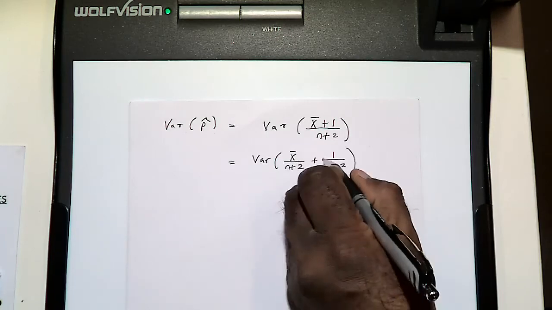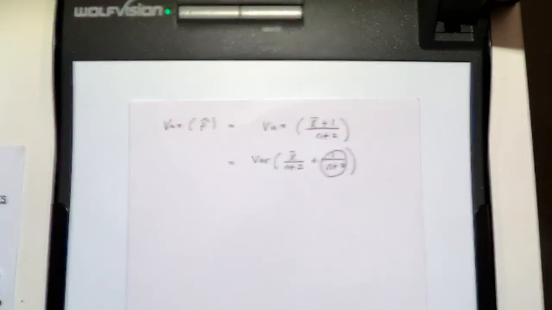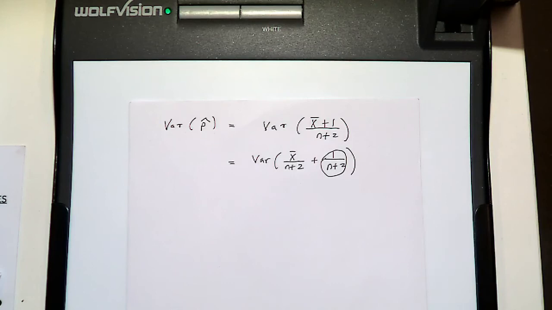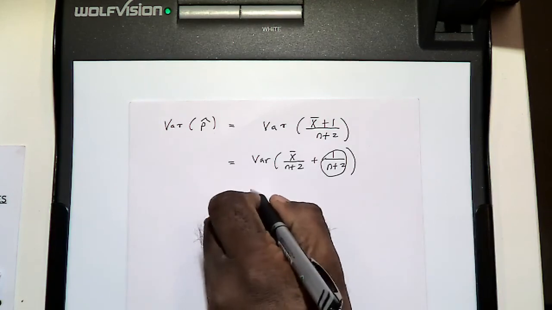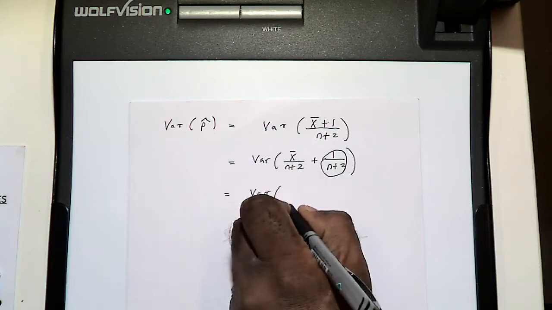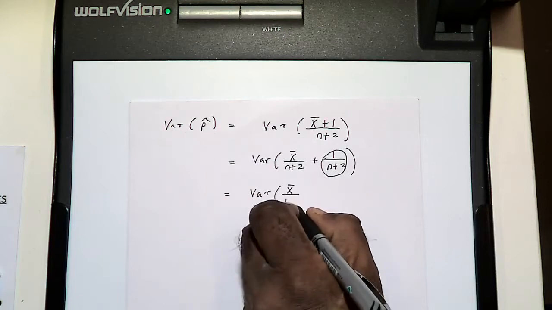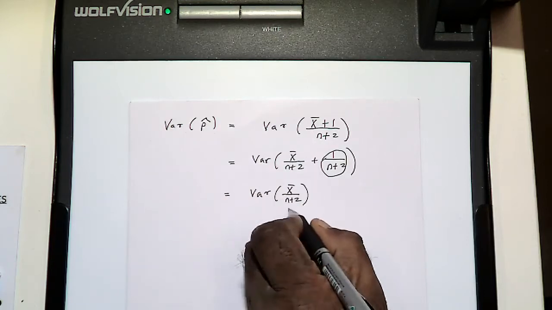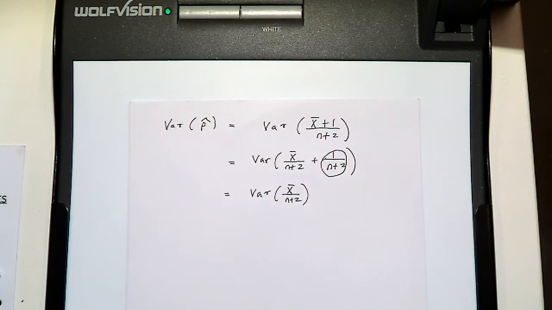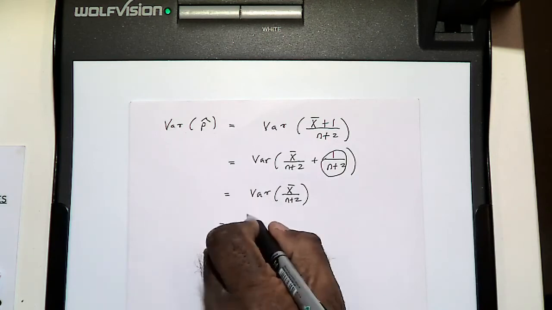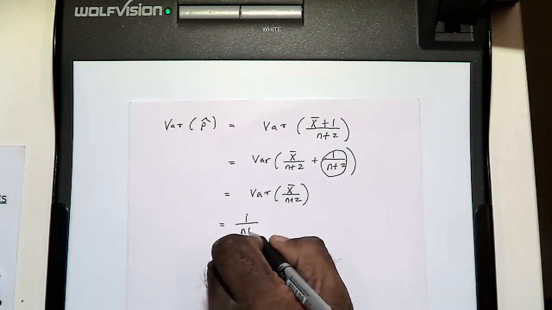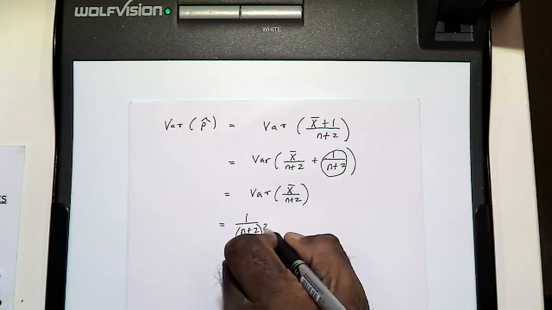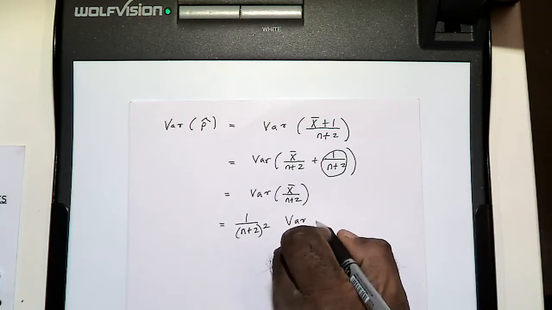Now this guy is a constant, right? Remember, adding a constant does not change the variance. You should know that from probability 1, right? So this is the variance of x bar divided by n plus 2. Now n plus 2 is a constant, so if you take it outside, it becomes 1 over n plus 2 squared times the variance of x bar.